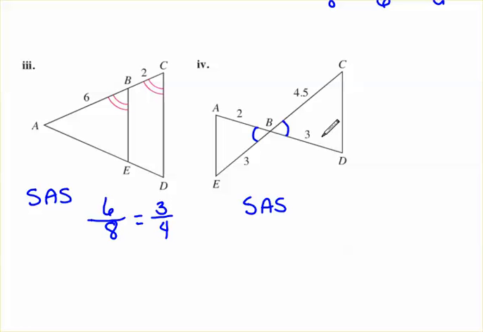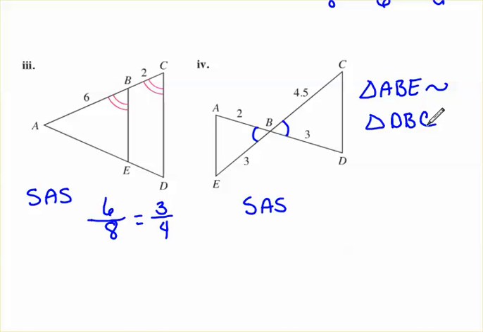And if we want to look at matching parts, well, we'd have to be very, very careful. Triangle ABE is similar to triangle DBC. So we would actually technically have to flip this second side over in order for it to match the other side. So that tells us that, and let me write that out, triangle ABE is similar to triangle DBC.